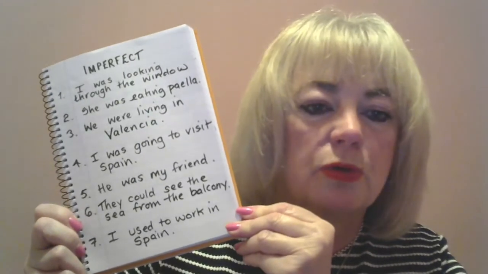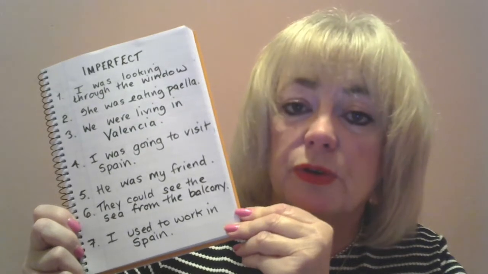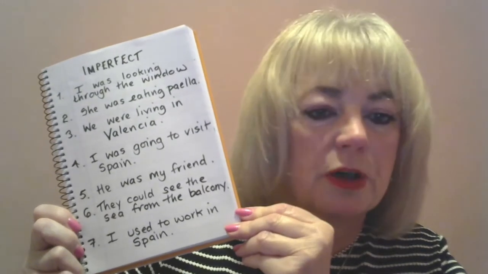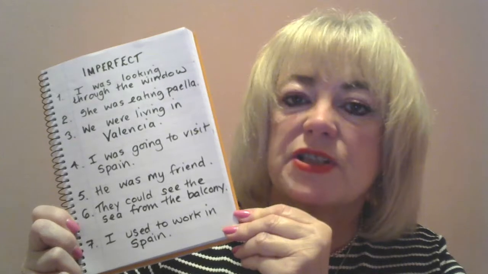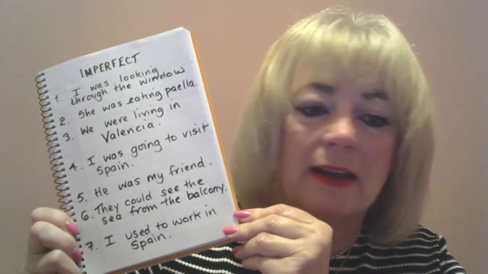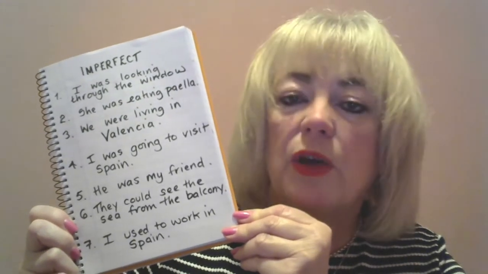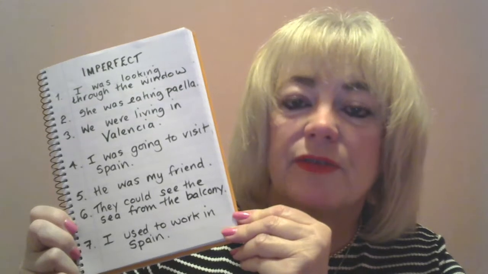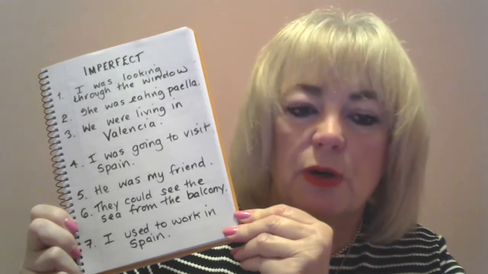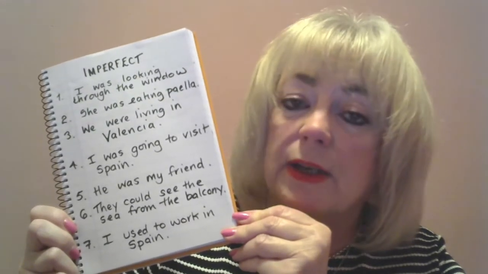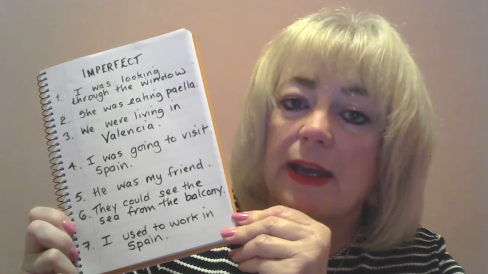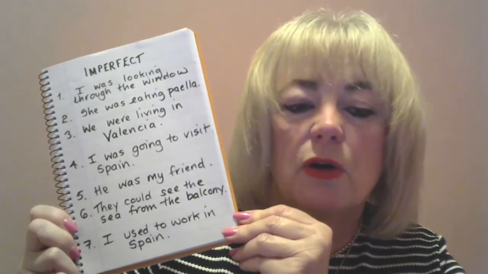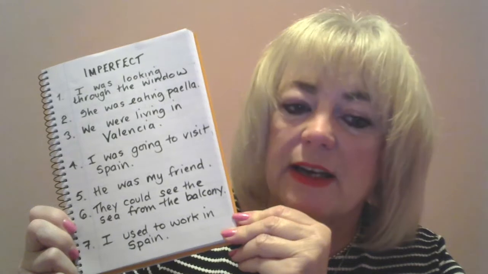Okay, número uno, I was looking through the window. Número 2, she was eating paella. Número 3, we were living in Valencia. Número 4, I was going to visit Spain. Número 5, he was my friend.